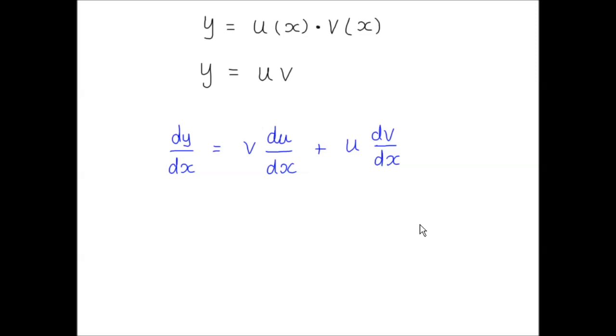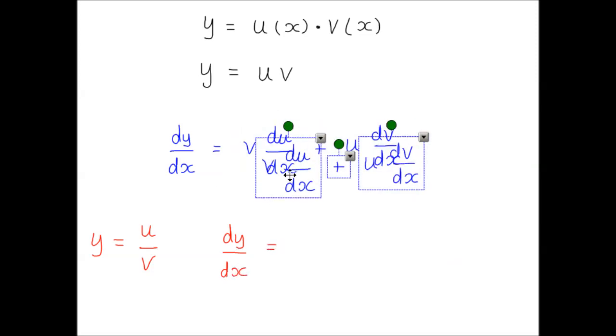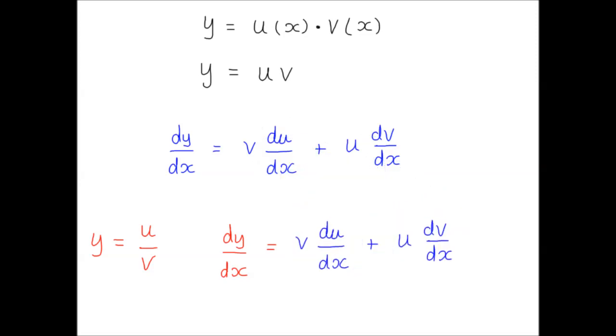The reason for this, and this is jumping ahead slightly, when we go on to looking at functions which can be written as a division, like one function divided by another one, we'll come across something called the quotient rule for differentiation, which is simply all of this but I'm going to change that plus to a minus.